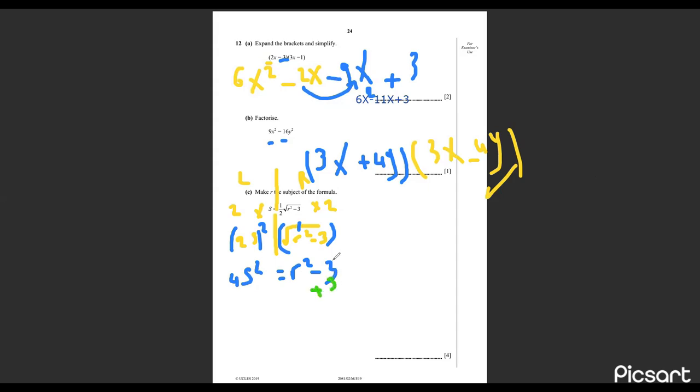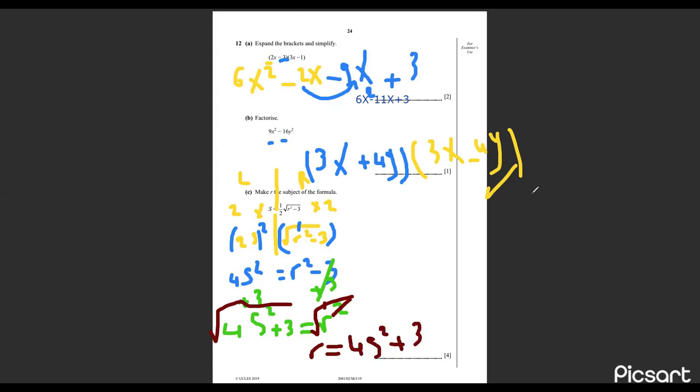So on the left side, 4s squared plus 3 equals r squared. So r will be all of this under the root as the final answer. Now we apply the root to cancel the squared, and the final answer is r equals the root of 4s squared plus 3.